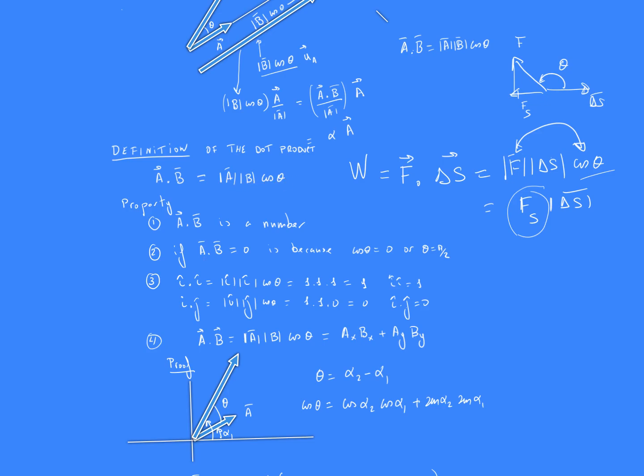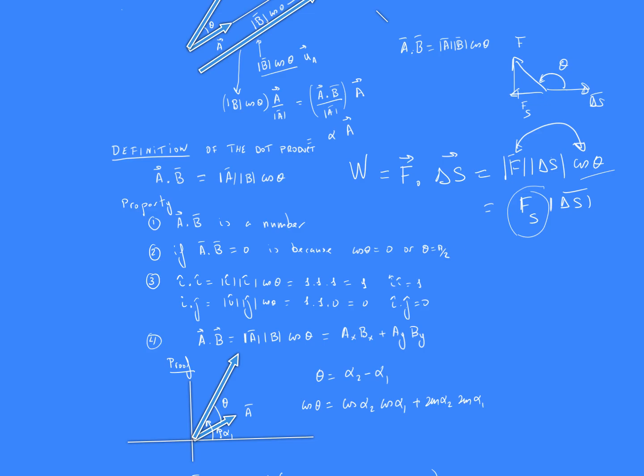So if A dot V is 0, it is because maybe A is 0, maybe V is 0, or because the cosine of theta is 0. If the cosine of theta is 0, it means that the angle is pi divided by 2, because the cosine of an angle is 0 when theta is pi divided by 2.